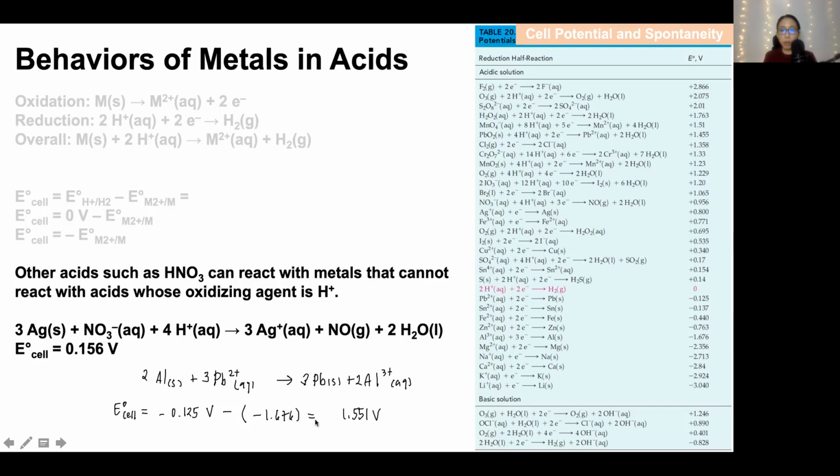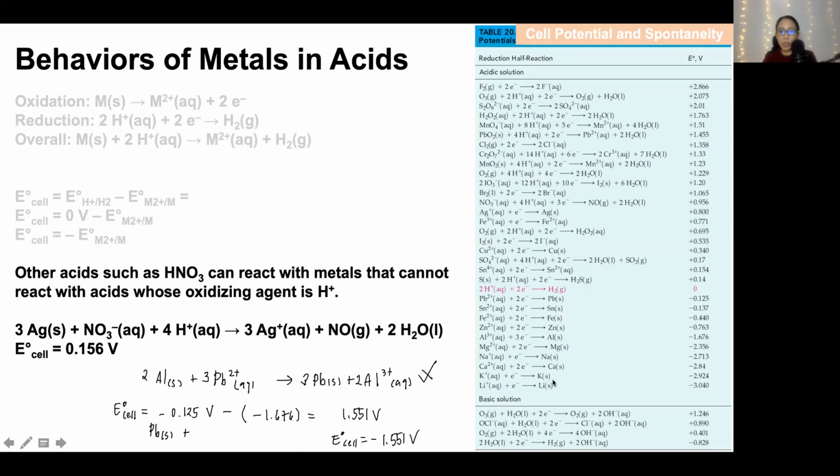That will give you a negative standard cell potential, which is just the reverse of the previous one. Your standard cell potential will be negative 1.551 volt, and it's non-spontaneous. But if you reverse it, it will be spontaneous in the indicated direction.